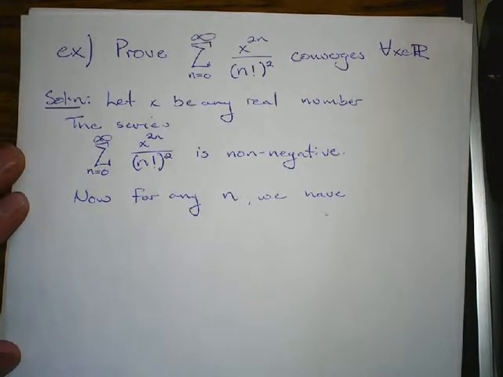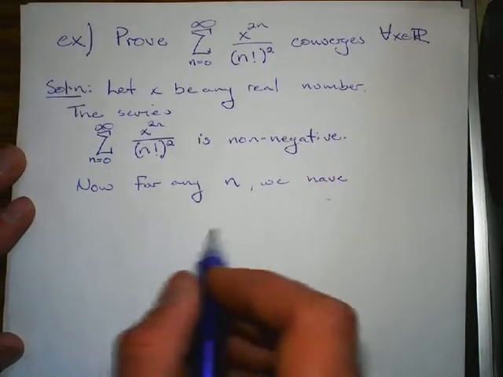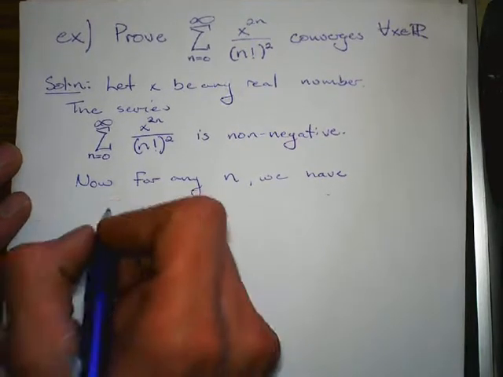Except cosine alternates, right? To me it kind of looks like e to the x a little bit. So let's try and compare it to something like that, okay?